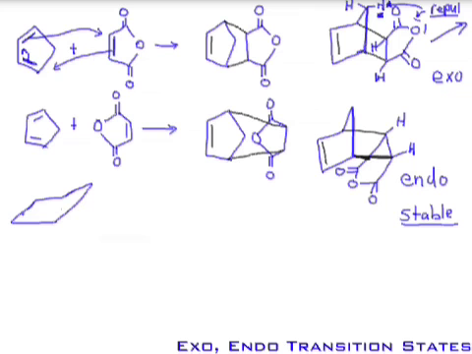So let's put in some 2p's. Let's use red. So here's a 2p. Here's a 2p. There's one pi bond. Here's a 2p. And here's a 2p. And the other pi bond. Now underneath it, you have the maleic anhydride coming in. And I will try to line it up.